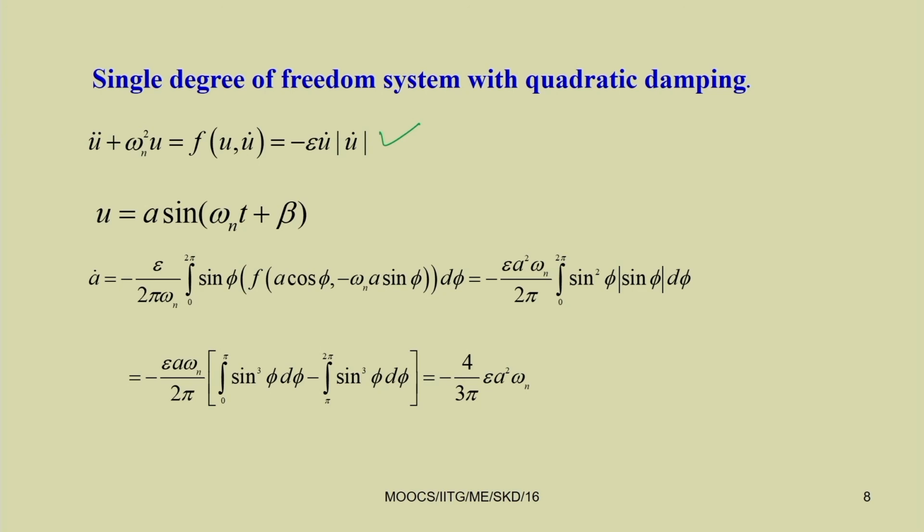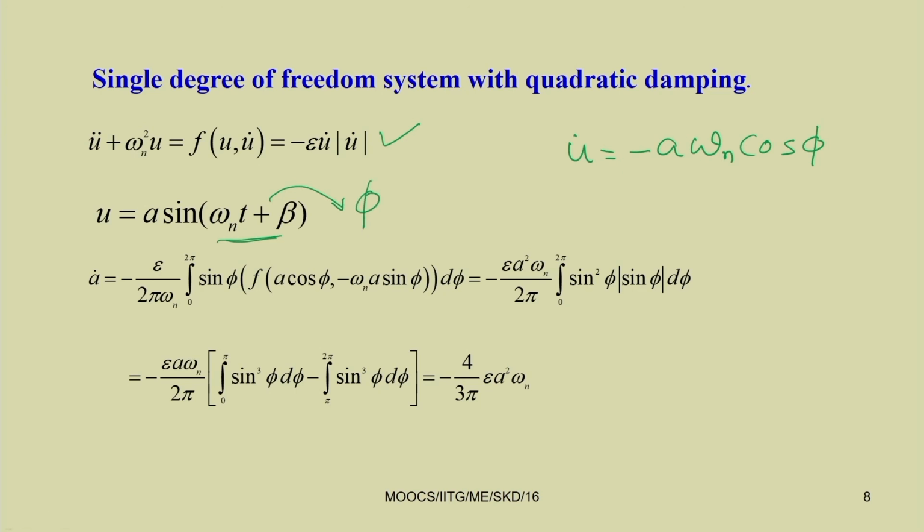Here what we can do, we can write a dot equal to, already we have written f equal to epsilon u dot, and already you know this u dot can be written as minus a omega n, this sign we have taken. So, u dot will be equal to cos phi, where omega n t plus beta we are taking as phi.